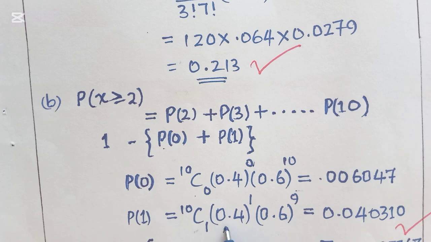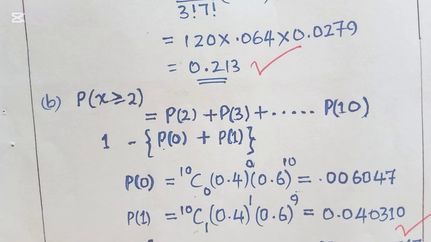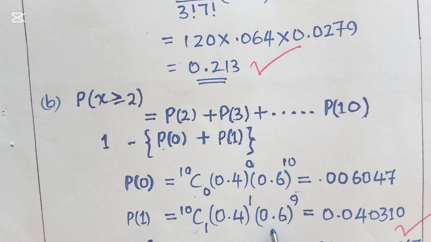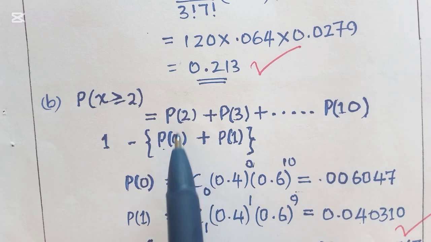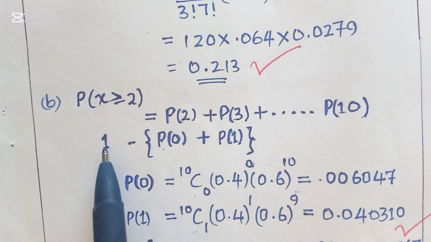The probability of being defective is 0.4. The probability of not being defective is 0.6. So you multiply there by 9, and here you multiply by 1. And so guys, you get your answer as that. Now you add these two. After you have added those two, you take it away from 1.